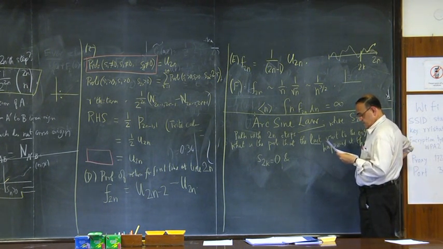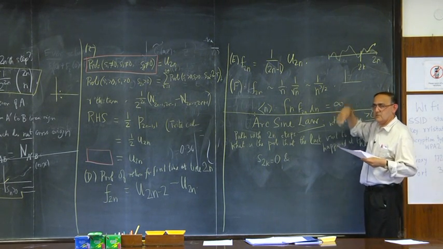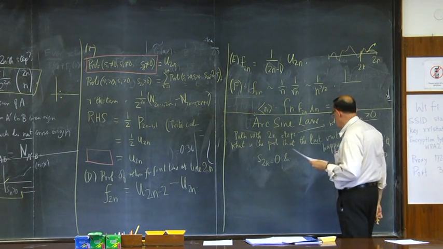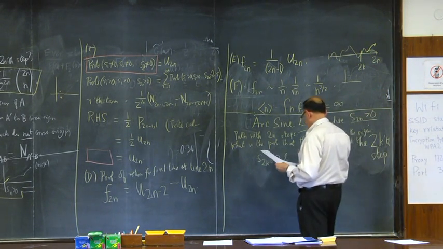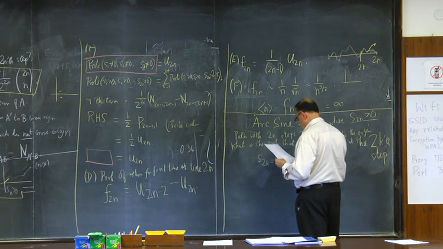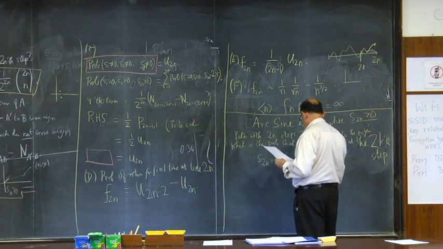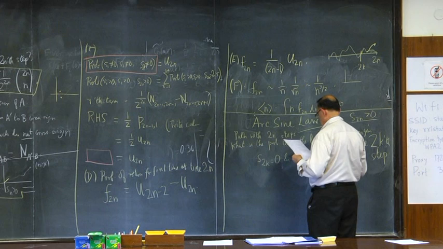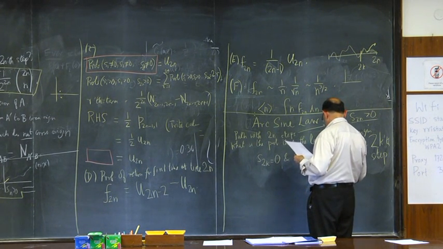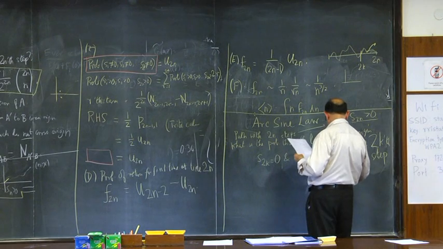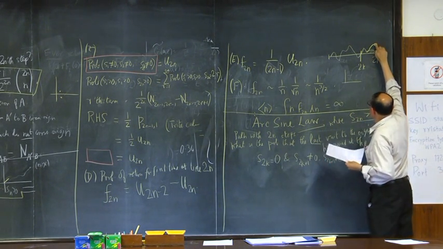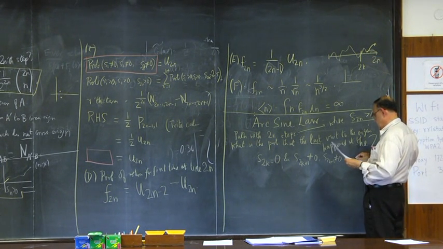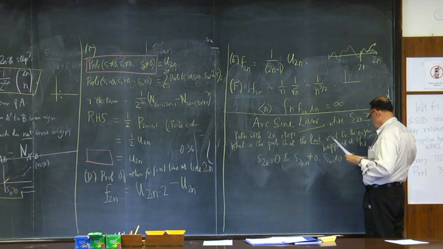S2n is anywhere, but it's, let's say, positive. So that was mistaken. But we had to cross the origin before that. So S2k is 0, and then S2k plus 1, etc. All these are positive. Could have been positive or negative, doesn't matter, but not 0. So all of these are non-zero, S2n not equal to 0.